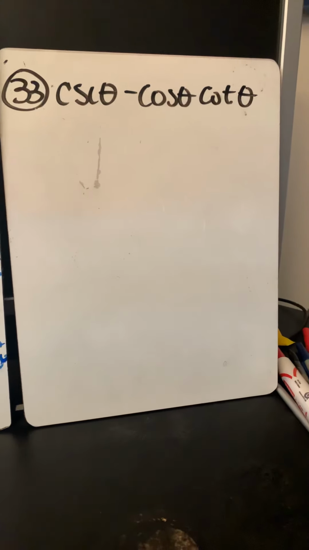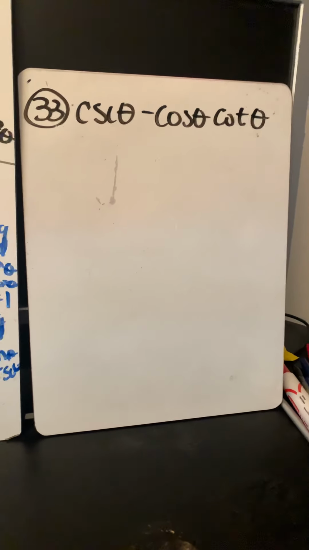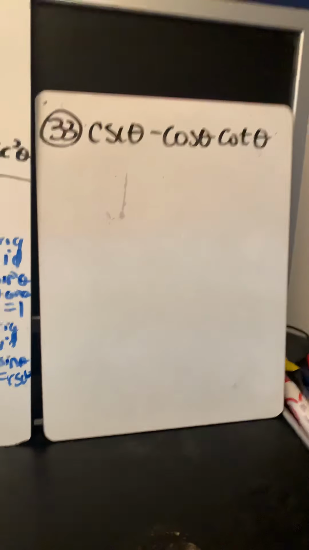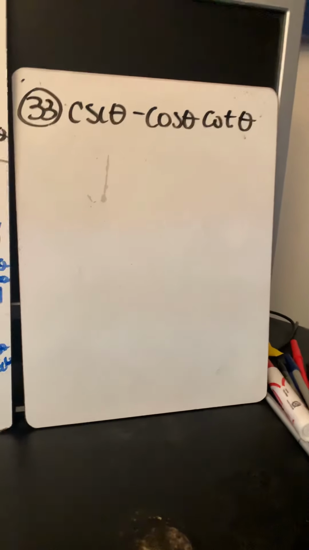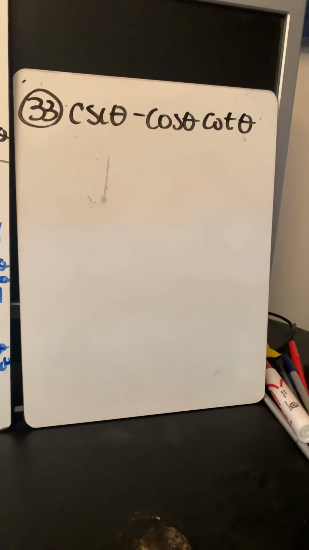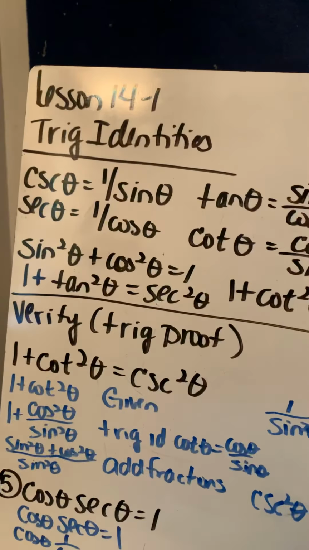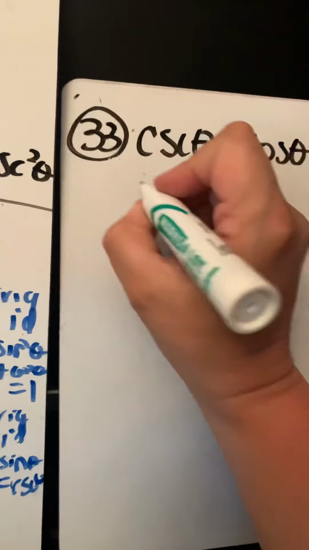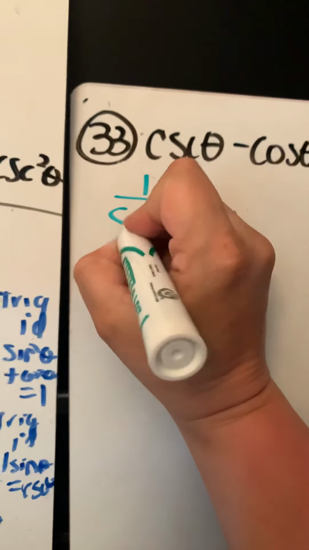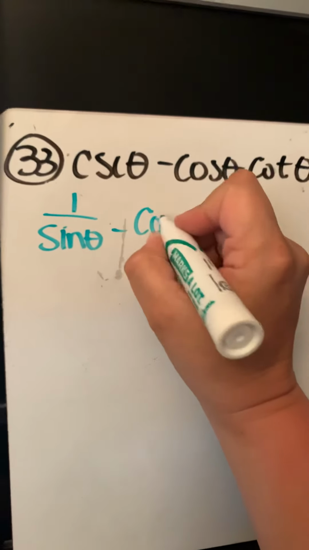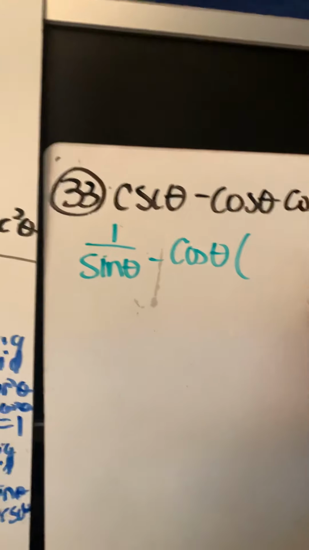Cosecant minus cosine cotangent. So now I don't have anything really fully in common. So now I'm going to convert everything to sines and cosines. Cosecant is 1 over sine. So I'm going to change this to 1 over sine theta minus, I'm going to leave my cosine theta in there.